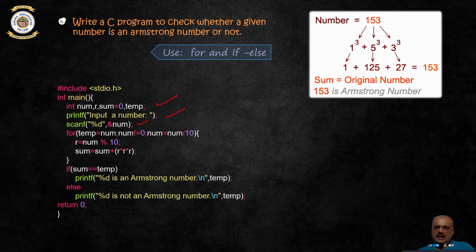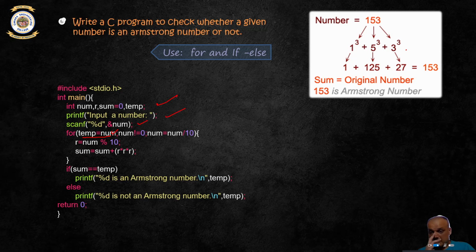Then I go through the looping. I need to basically do the same process 3 times. So I say temp is equal to number, that is the initial condition, where num is the counter itself.